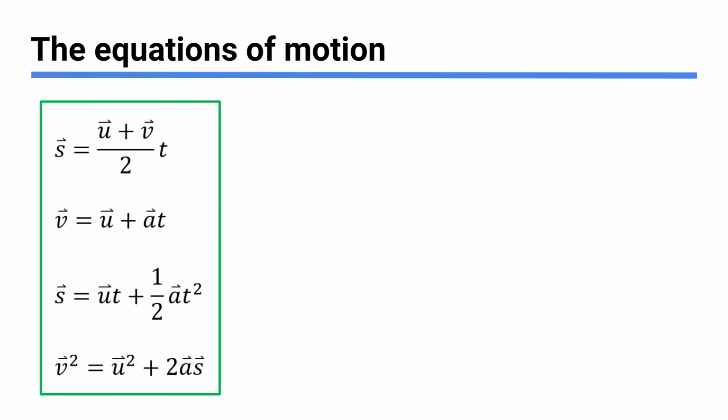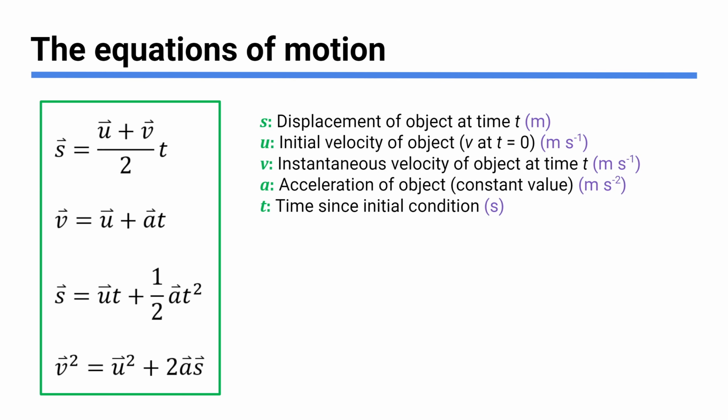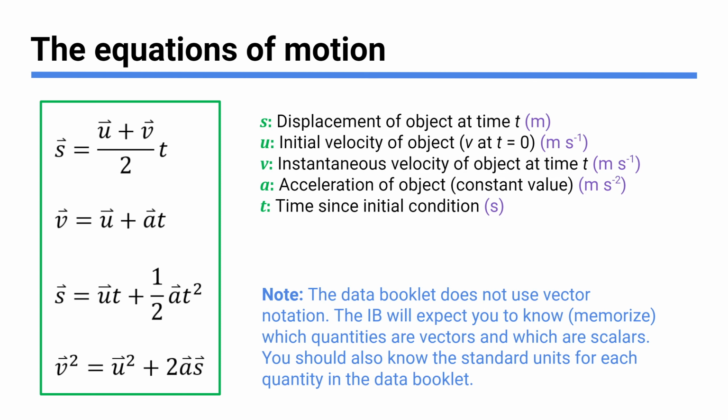So here they are. There are 4 equations of motion that you can use. Take note in these equations of what's vectors and what's not, because the IB doesn't give you this. This is pretty much the equations of motion as they appear in the data booklet, except they don't have any of the vector bars. If you go through the whole data booklet, you'll notice the IB doesn't have vector bars anywhere. They do this on purpose because what's vectors and what's not is really important, but they want you to have that physics knowledge.